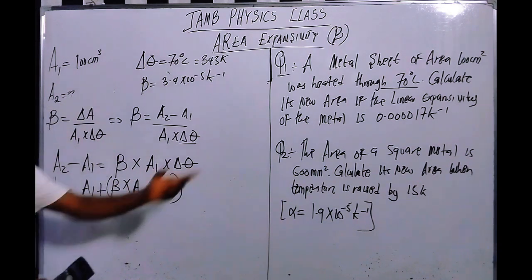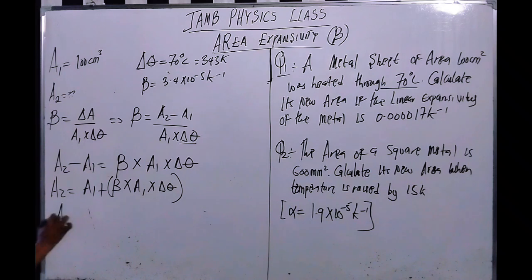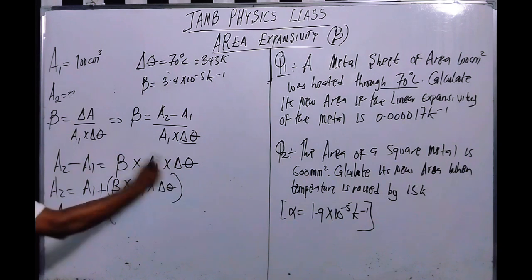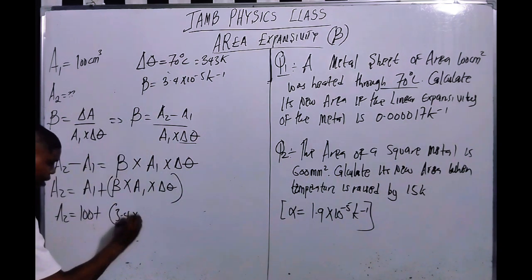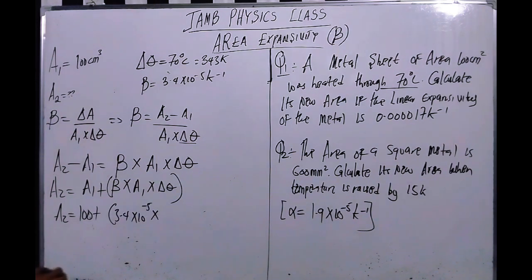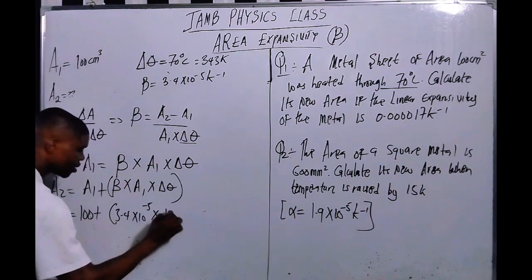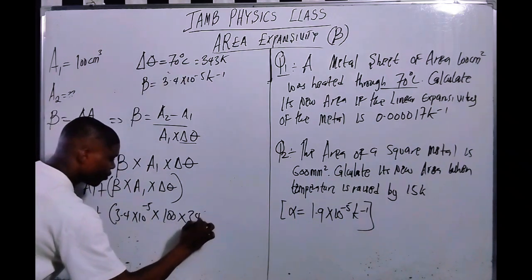So what I'm going to do now, I'm going to substitute my values. So A2 here equals my A1, what is my A1? 100 plus, let's just put it in bracket here, beta is 3.4 exponential minus 5 times my A1, which is 100, times the increase in temperature, which is 343.